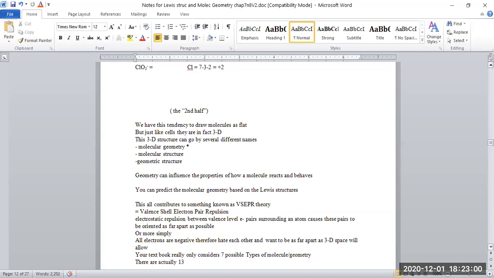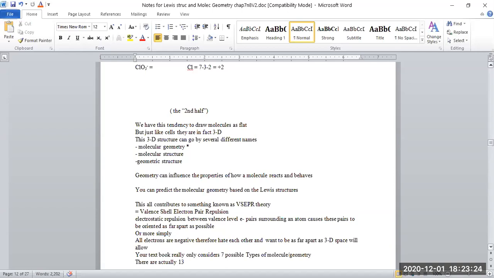Sometimes you will see it called molecular geometry, which is probably the term I use most often. But you might also see it called molecular structure. You might see it called geometric structure. Why do we care? Okay, yeah, it's chemistry, but geometry changes properties.